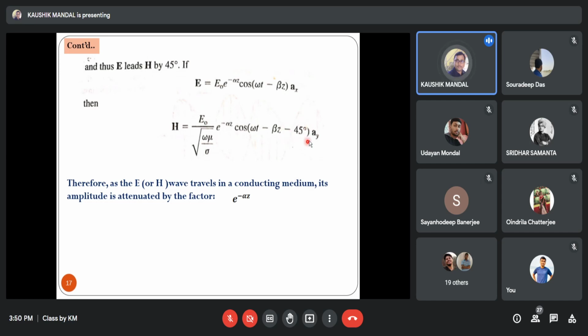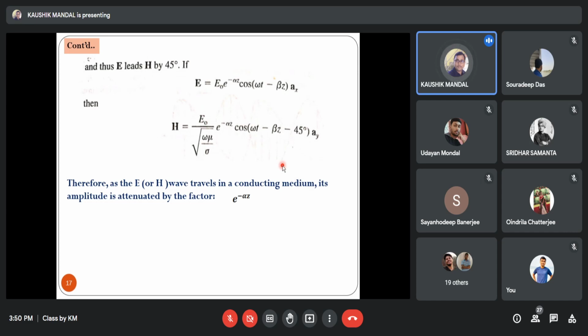There is a phase lag. H is lagging behind the electric field by 45 degrees, so there will be minus 45 degrees. So we have seen that when we consider the propagation of an electromagnetic wave in a good conductor, alpha is not equal to 0. So there must be some attenuation of the electromagnetic wave as it propagates into the conductor.